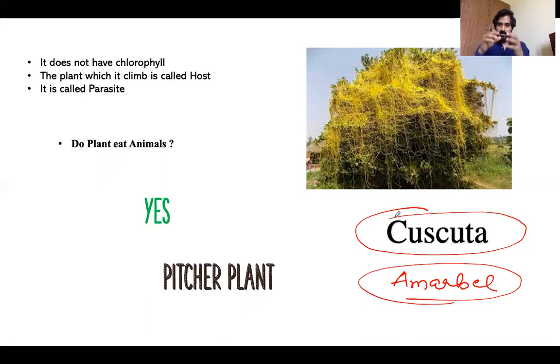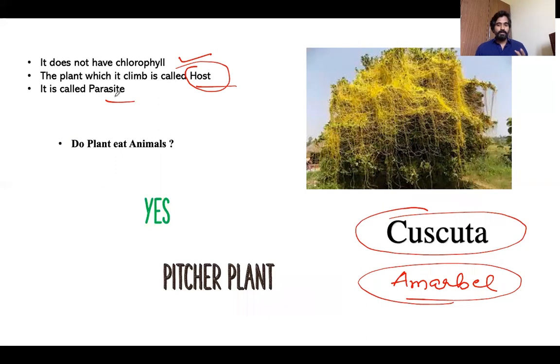They live in other plants. You can see this yellow color plant which is living in another plant, and it is getting all the food from this plant, and they do not have chlorophyll obviously. This big plant is the host, and these are the parasites.